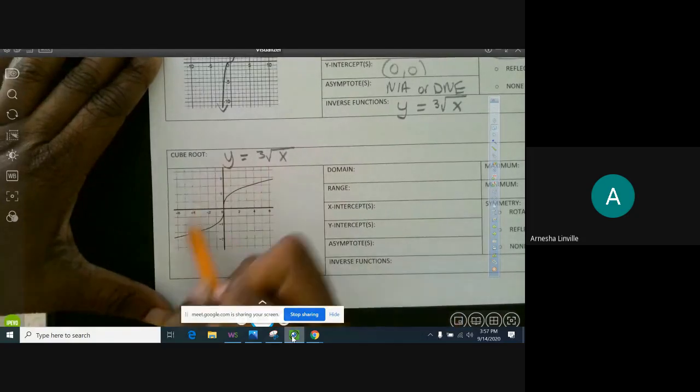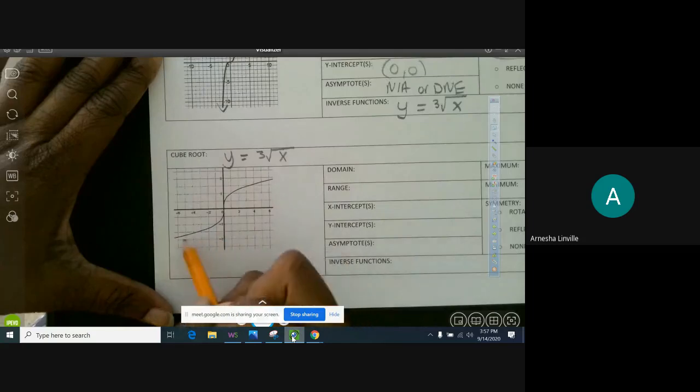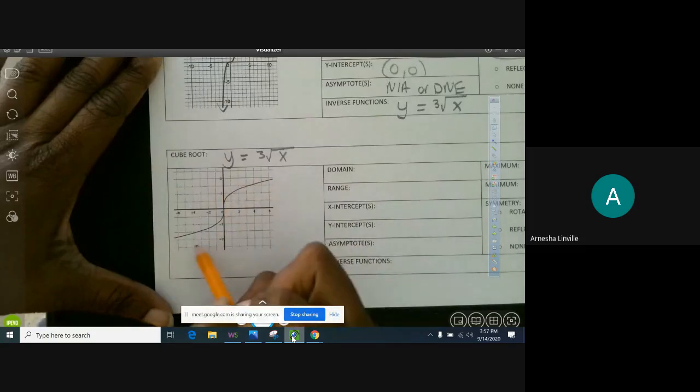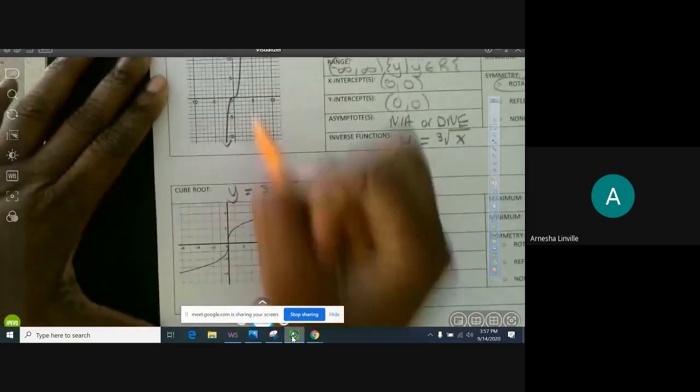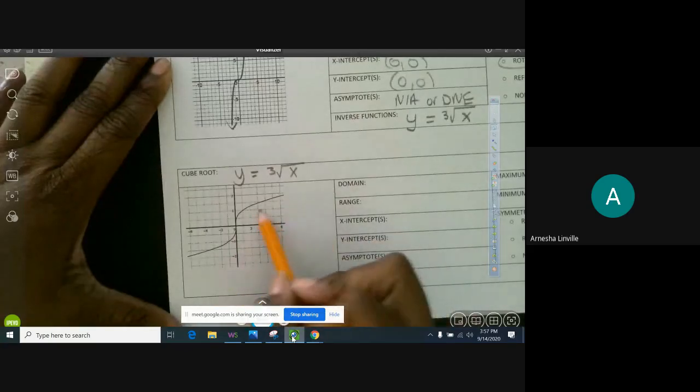The graph looks like a horizontal kind of S shape or snake kind of shape. So if you look at it, it looks very similar to this. This is going more vertical. This is going more horizontally, kind of like your square root, but there's 2 parts.